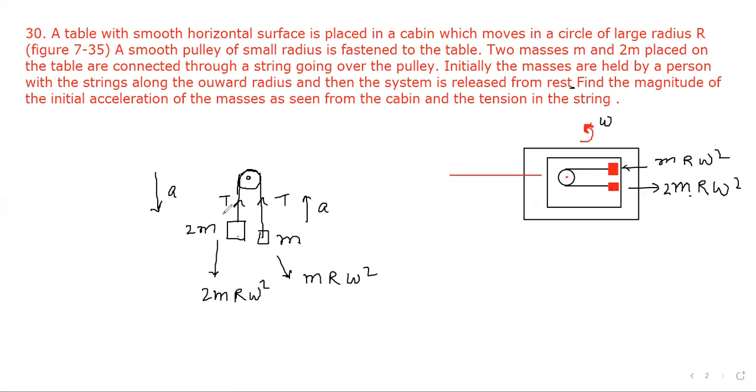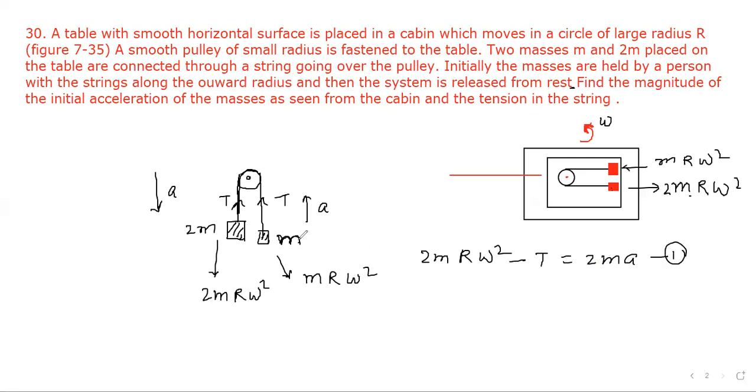So we can apply Newton's law. So here net force will be 2m r omega square minus tension T is equal to 2ma for the 2m object. This is equation number 1.